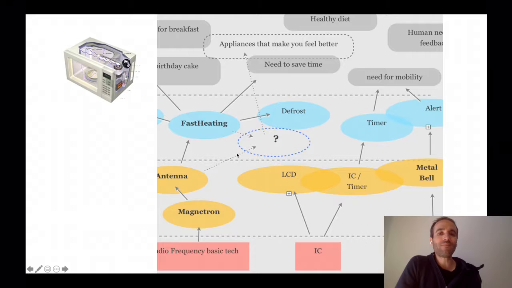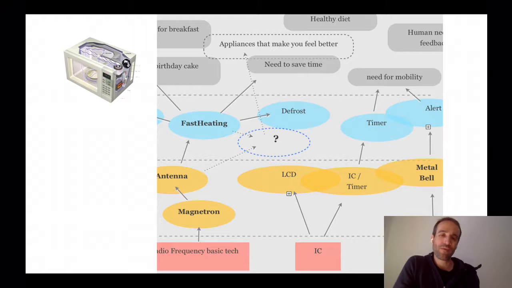So we look at gaps, for example, functions of other appliances that are not served by the microwave, but that could be served by the microwave. And having this map is a very good visual to be aware of what a microwave is in terms of functions, market needs, and available technologies.